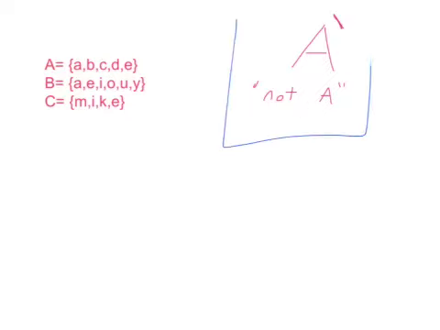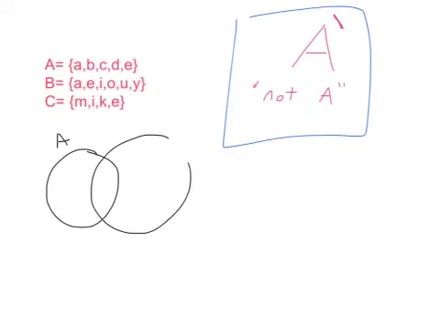The next symbol is an interesting one. It means not in that set. So let's imagine, let's get really creative here. And we've got A and B and C. So what do they all share?